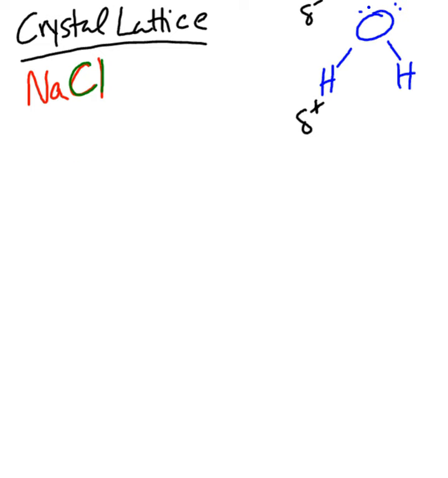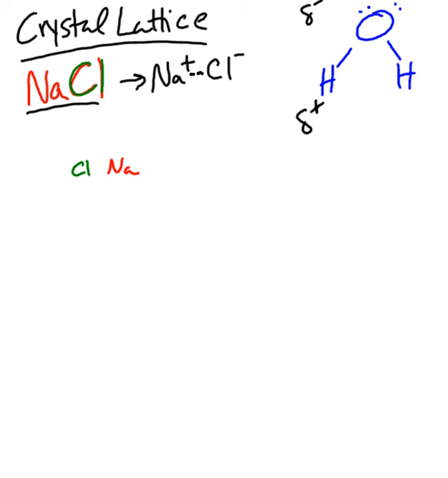So I'm going to have my chlorine right here, and then I'm going to have a sodium right here. And what's happening is this is really sodium plus and chloride minus. So these are charged particles. There is an attraction between the two of them. That's why we normally see them written together as one. But in truth, there are actually two different ions, or charged particles, that have an attraction to each other.